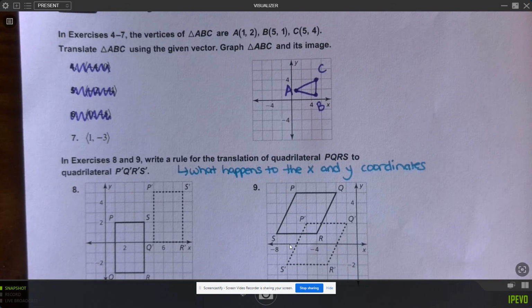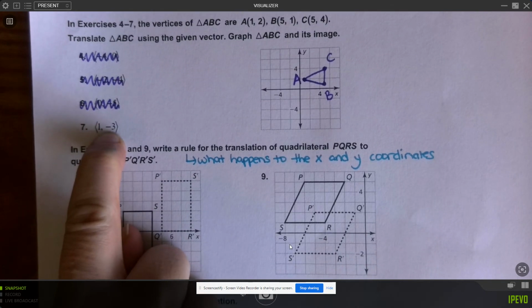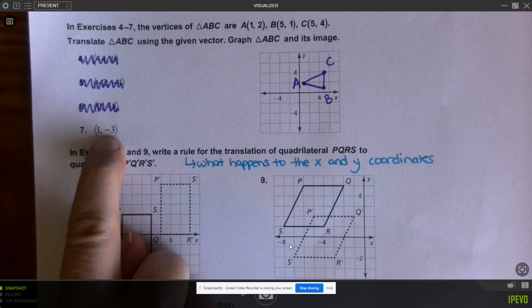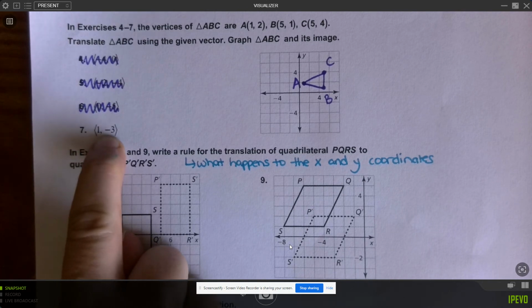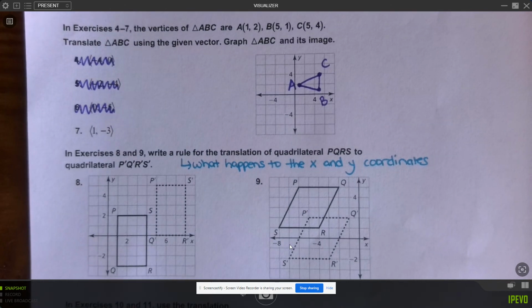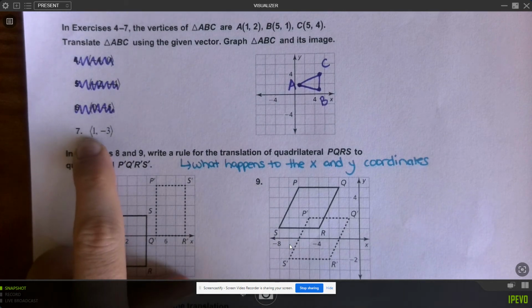Our job is to translate triangle ABC using the vector <1, -3>. And then we're going to graph that final image. So remember, a vector tells us which direction something is moving and how far. So what this tells us, the horizontal component is +1.